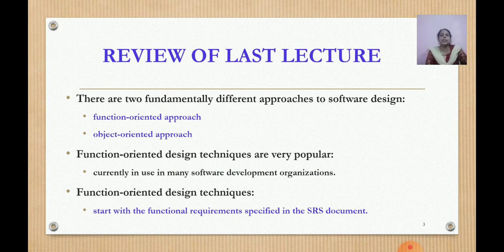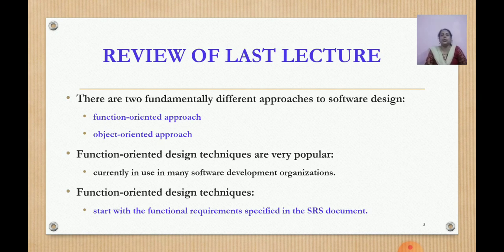In the previous lecture, I discussed the two different approaches of software designing: function oriented approach and object oriented approach. In the function oriented approach, all the functions of a system are designed as different processes, and again they are decomposed into sub functions.